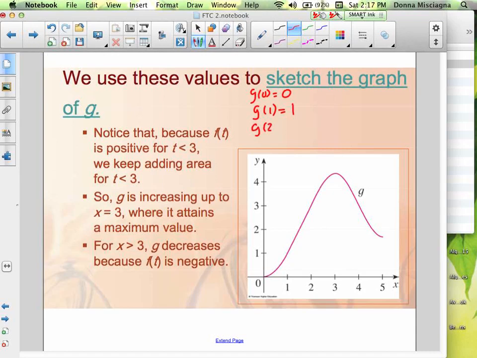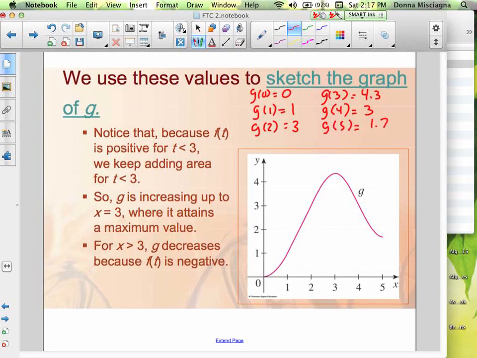G of 2 was 3. G of 3 was 4.3, right? G of 4 was 3, and then g of 5 was 1.7.